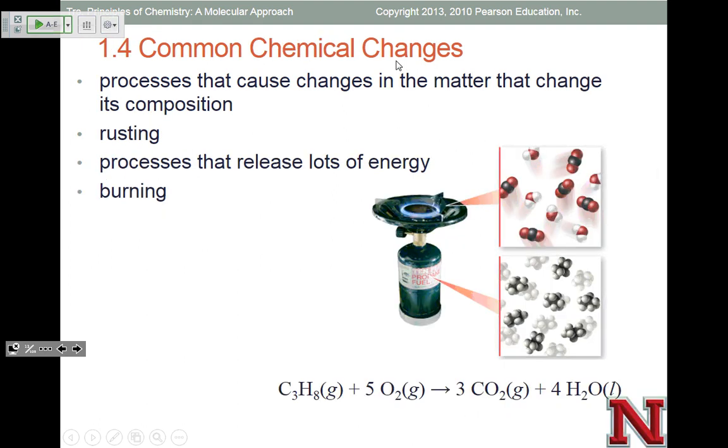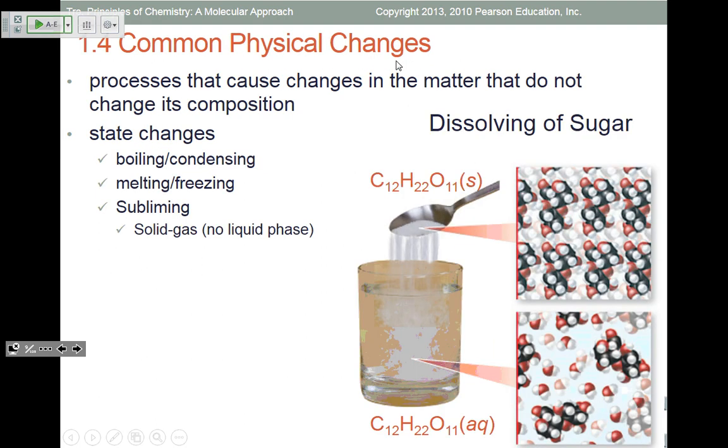Other things that you might not consider, it is still just a physical change, typically, to dissolve something. So if we take sugar and we dissolve it in water, we still have sugar, we still have water. We're not actually getting a chemical reaction. It's just dissolving. And we're going to look at that in more detail later on, especially when we talk about solutions in later chapters.